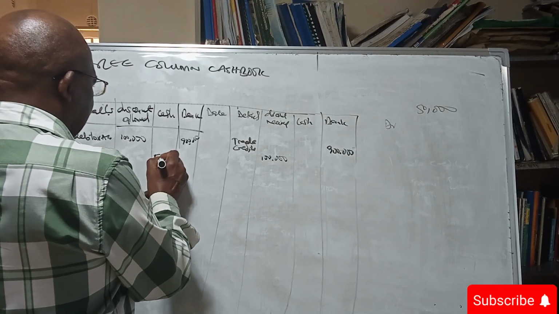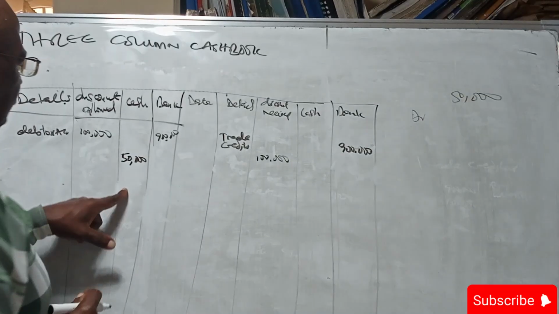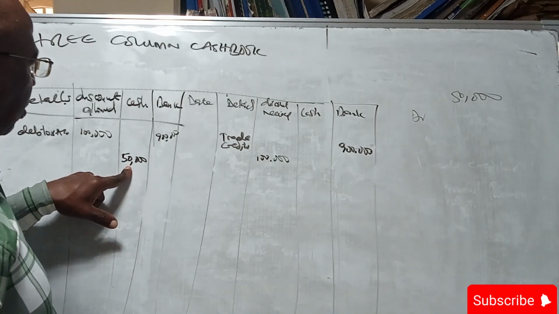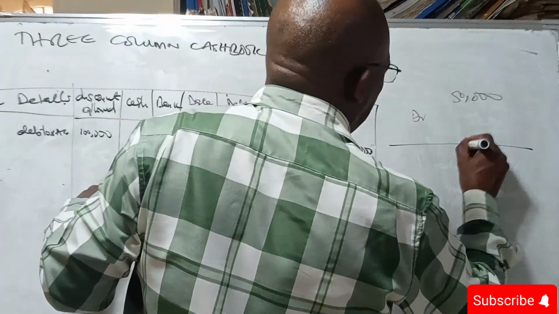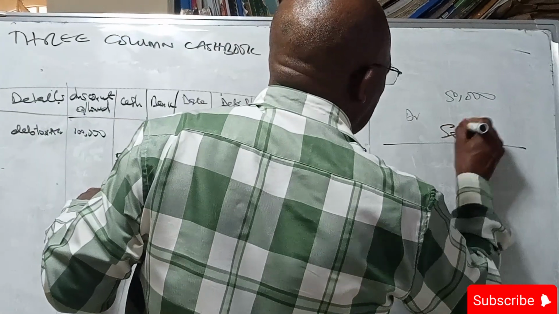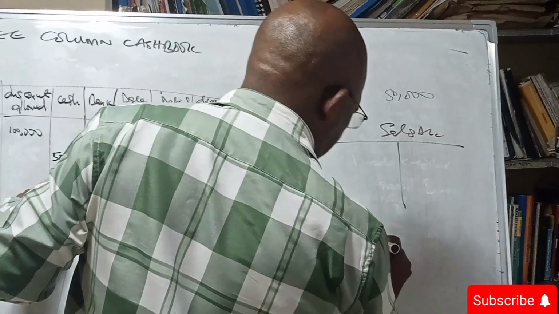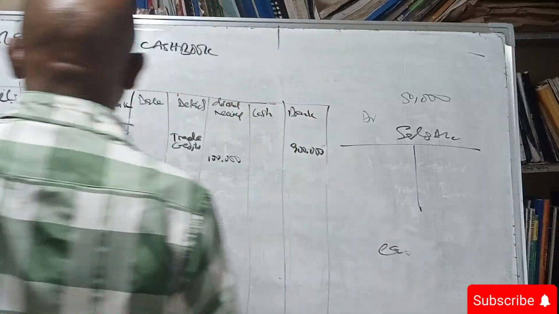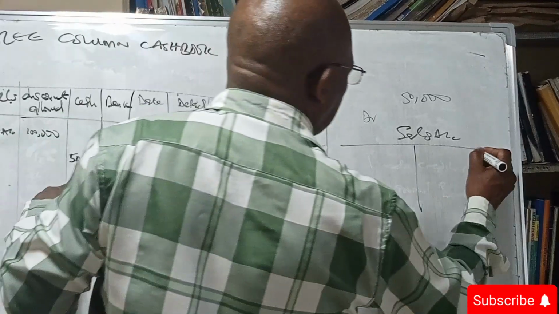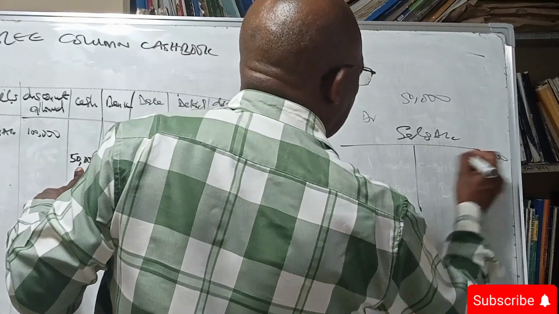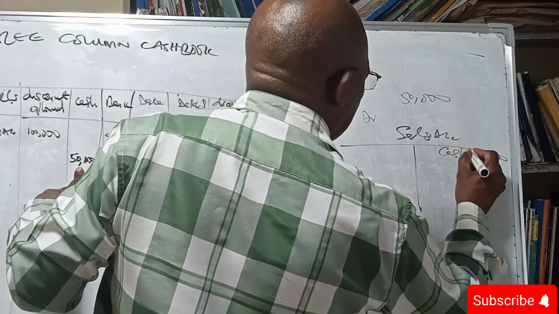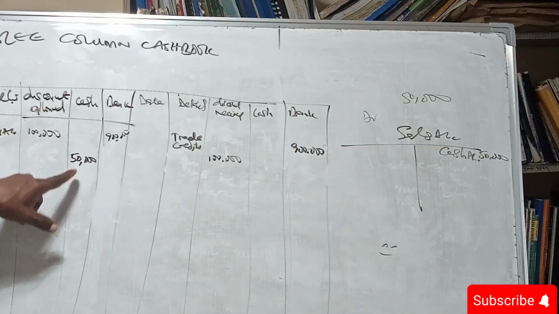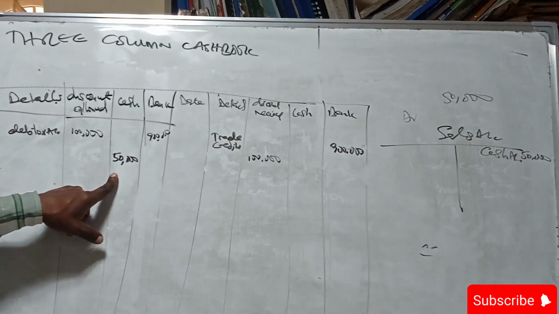In an asset, we debit the asset account. We debit cash 50,000. If we are making sales and we sell in cash, our cash will increase 50,000 and our sales will increase with 50,000. And we say it is cash. You credit sales with 50,000, you debit cash with 50,000.